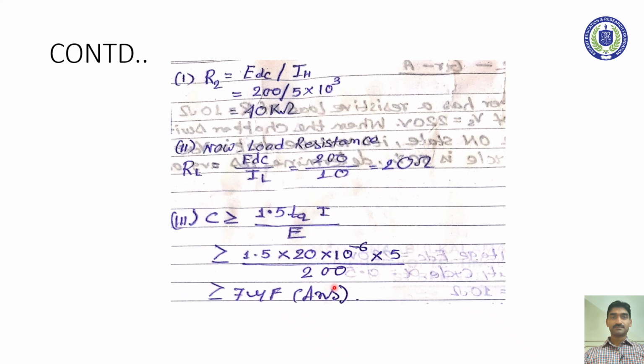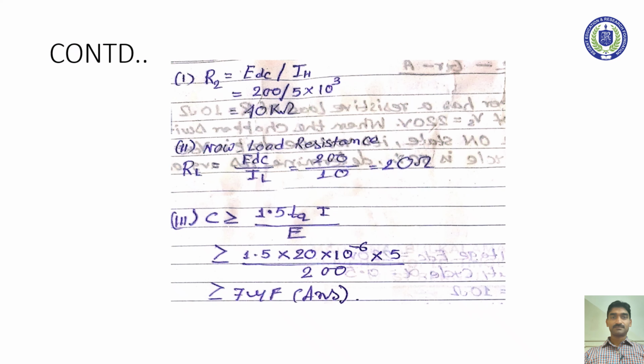So we just write down the basic equations, and as you can see, the data are given, or we have already found them from the previous two parameters. So we have considered 7 microfarad as the answer for the third one. So 1, 2, 3, these are the steps we followed to execute the entire problem.